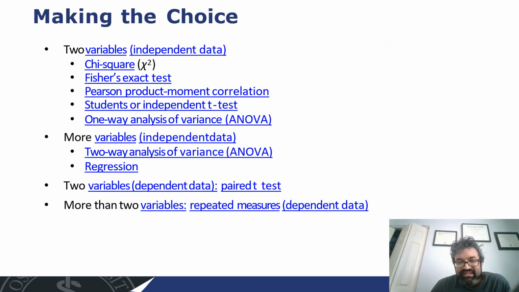We're getting through this pretty quickly, and I think it's extremely important to understand the process behind how you select an appropriate statistical test. So when you're thinking about a statistical test, the first thing that you think about is what?